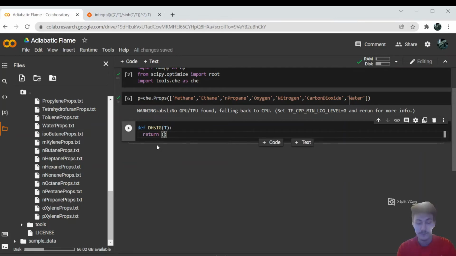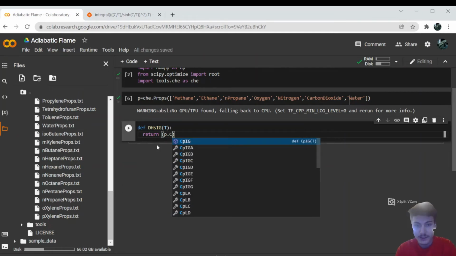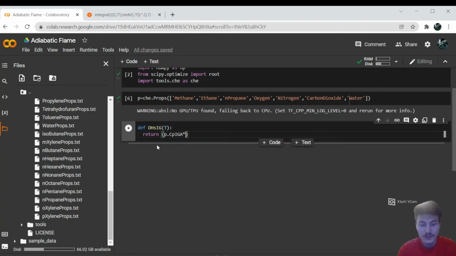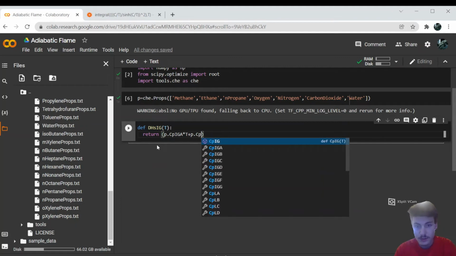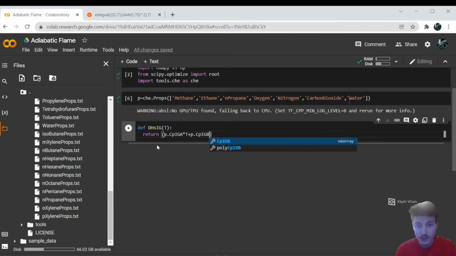To start off, it's from P, the specific heat of an ideal gas, the A coefficient, times temperature after the integration, and then plus the specific heat CPIG B coefficient, which was multiplied by cotangent.